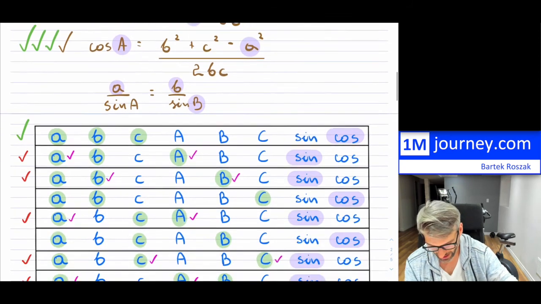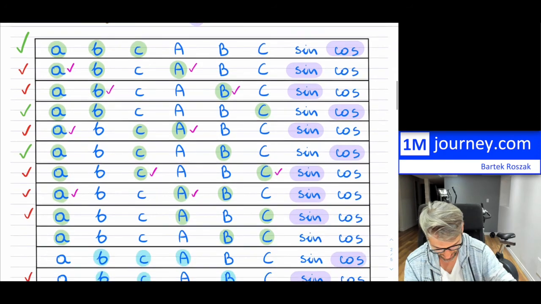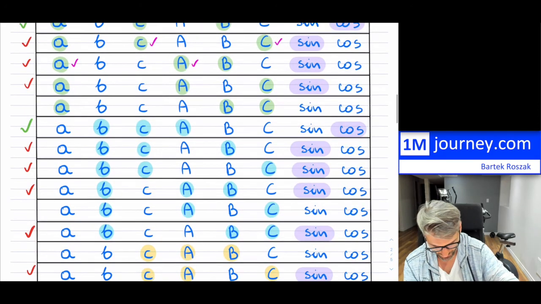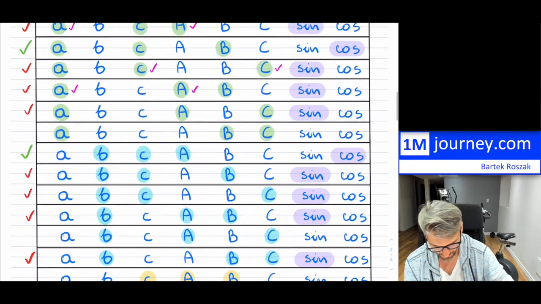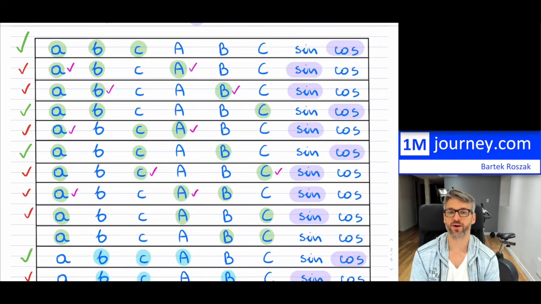Now, all the other cases that you run into, here is a cosine, here is a cosine, and that's about it. So what do we notice in all of those situations? In all of those cases, at least two sides are given, and then the angle of the missing side is given as well. And if that's the case, then you can use the cosine law.